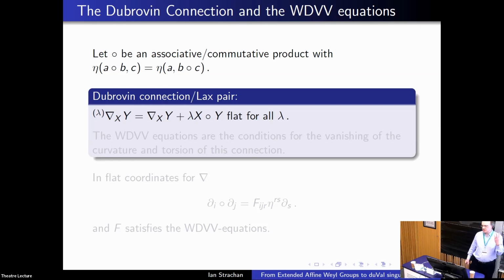The curvature term, again, as in the last talk, has three components: lambda to the naught, lambda, and lambda squared. The lambda squared term vanishes by commutativity and associativity, which I've assumed. The lambda to the naught term is interesting. That just says that the metric at the beginning is flat.